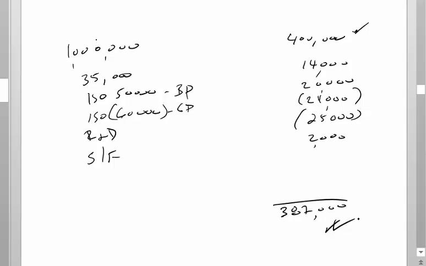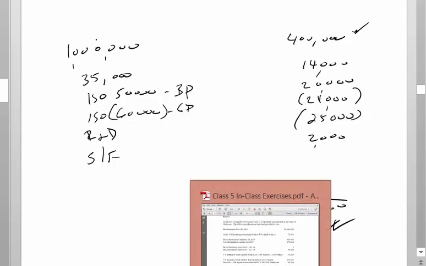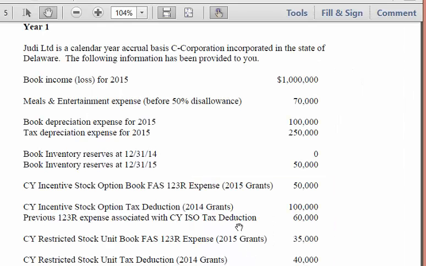So the question is, why am I using, for the ISO good perm, 60,000 here instead of the 100,000, which is the deduction, right? So how much is my good perm? What is the logic that I apply to determine how much my good perm is? It's the amount of the deduction, the 100, limited by what?